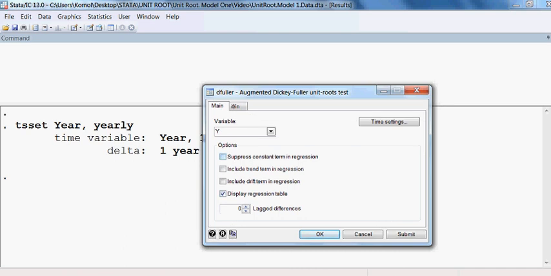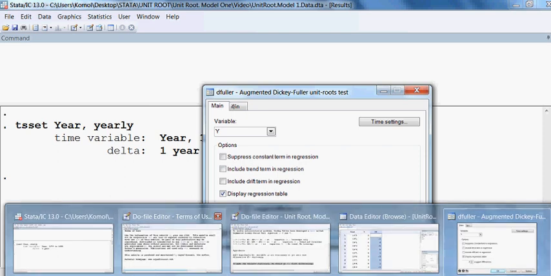Then out of these boxes I choose this one, display regression table, so that I get the Dickey-Fuller model. And we have three Dickey-Fuller models, and I showed it last time.